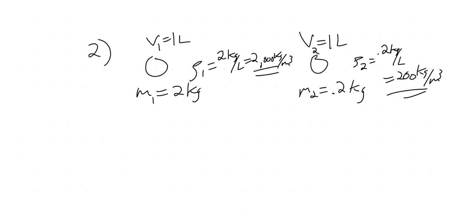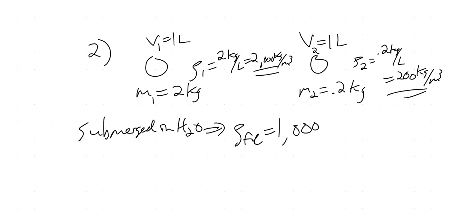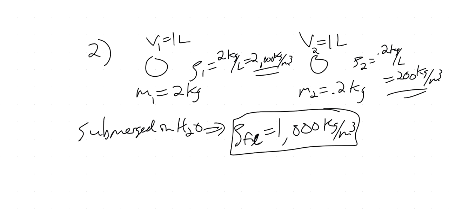These are the object densities. And let's say that they're submerged in water. So my fluid density is 1,000. Be careful. Fluid density is different from the object density, right? And we need to be able to look at those numbers and know what they mean.